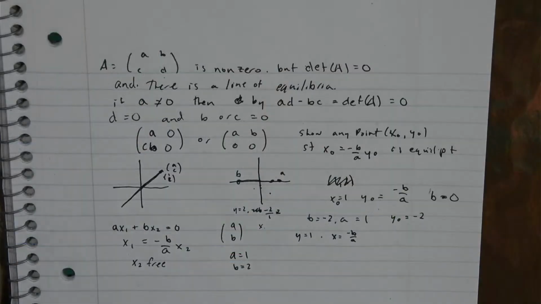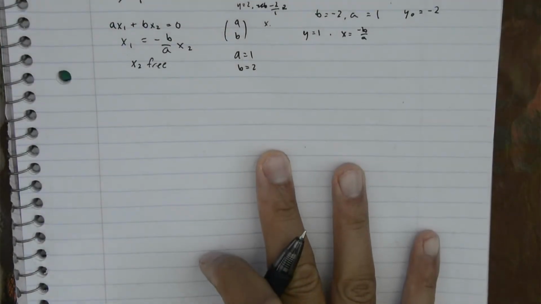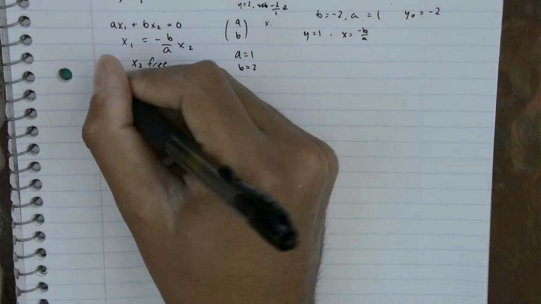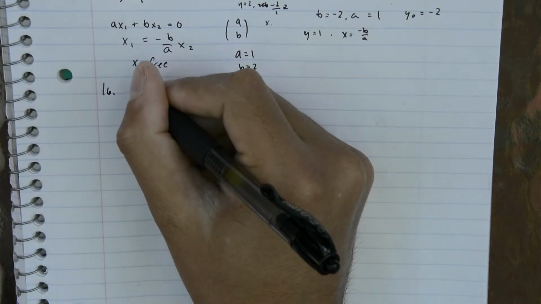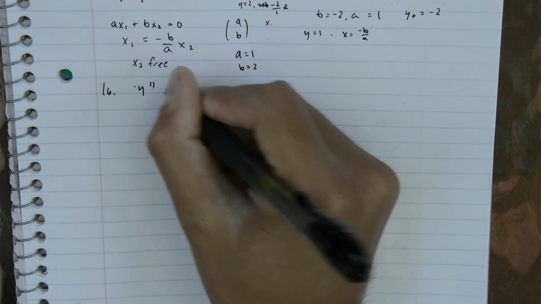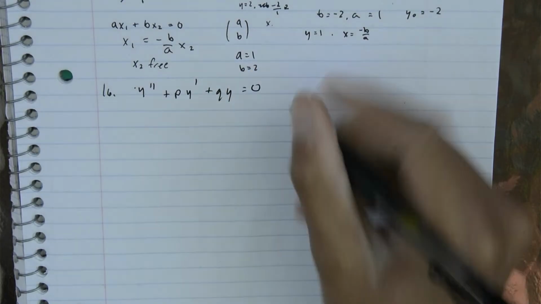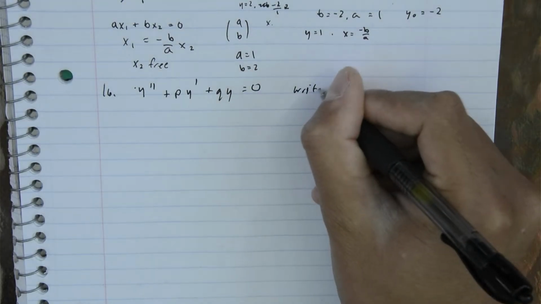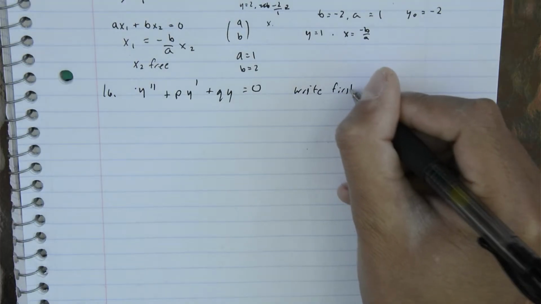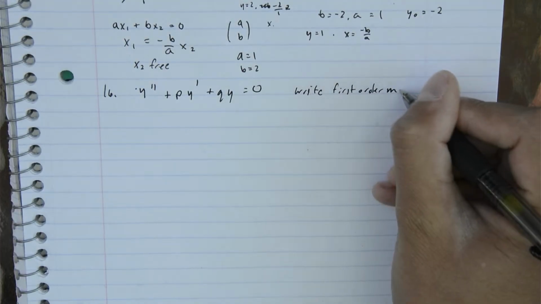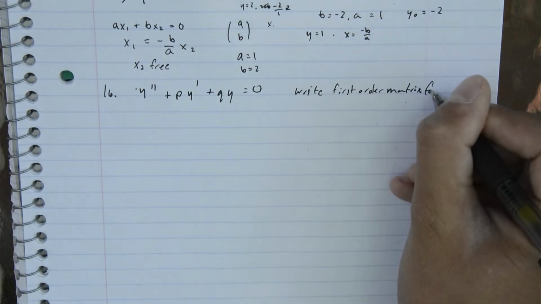Why not? All right, so this is problem 16. So we have y double prime plus p y prime plus q y is equal to 0. Right? First order matrix form.